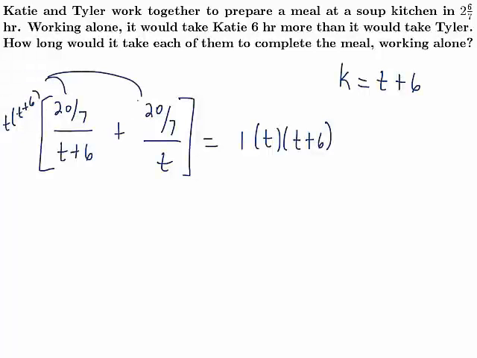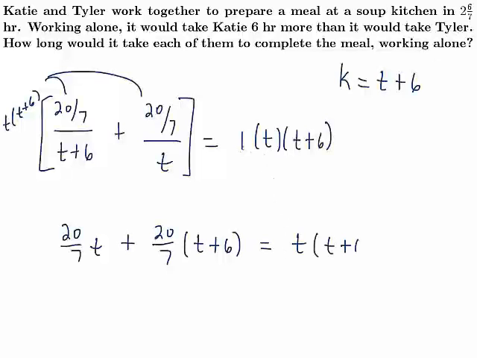Using the distributive property on the left hand side, the quantity T plus 6 divides out, so we're left with 20 over 7 times T, which is 20 over 7T, plus, when we multiply T times T plus 6 times the second term, the T's divide out, leaving us with 20 over 7 times the quantity T plus 6. And on the right hand side, 1 times T times T plus 6 is just T times T plus 6.